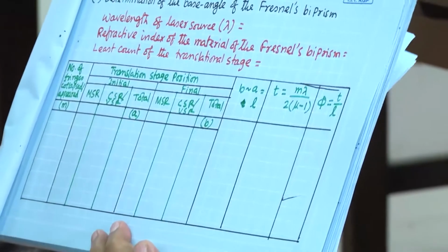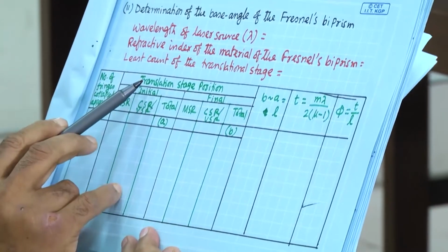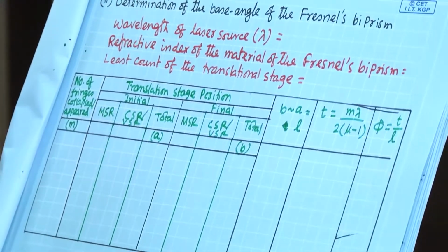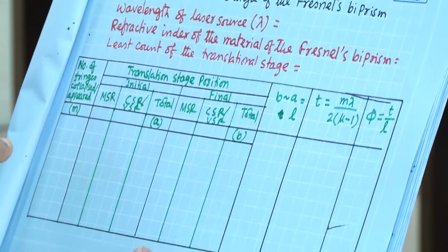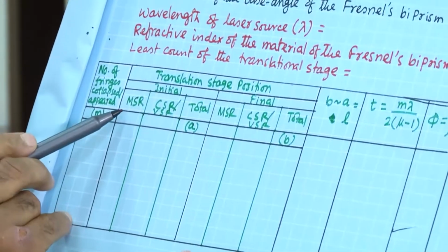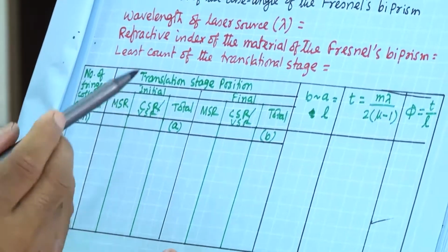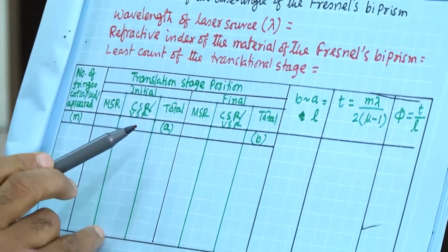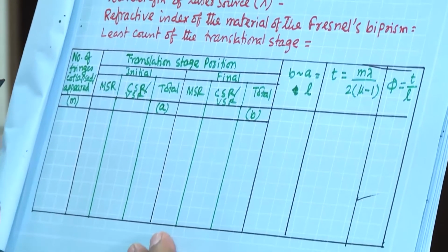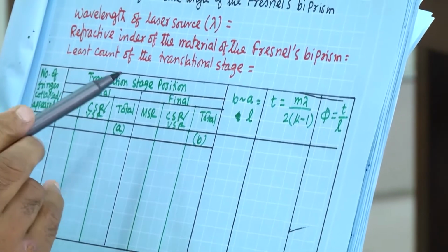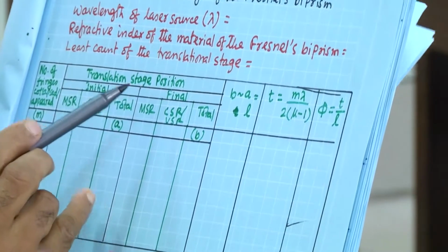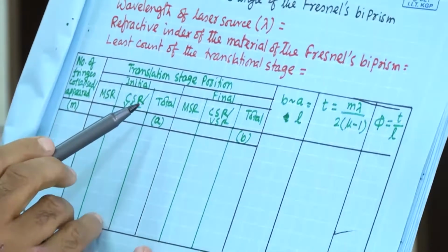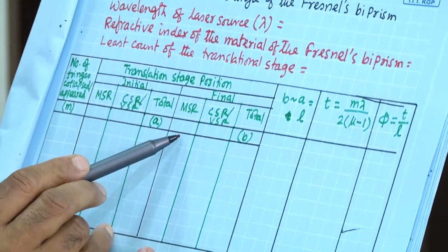So, we will note down the reading, the initial position of the translation stage before starting to translate. So, main scale reading, then circular scale or vernier scale depending on the scale here. Then total, say this is A, and after translating by L, the corresponding count will be M. So, that final reading again we will note down.